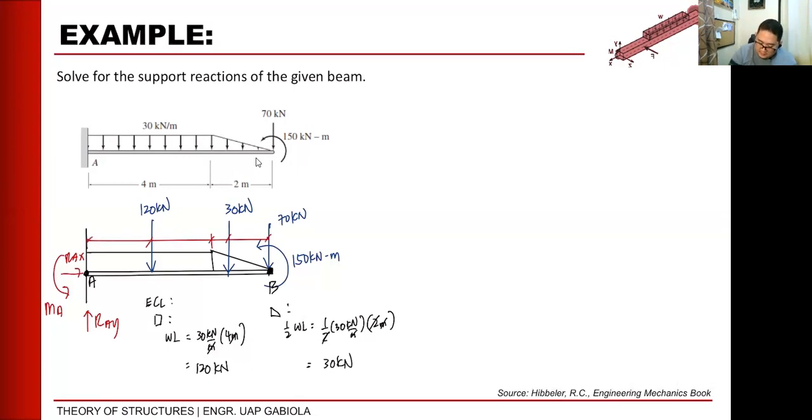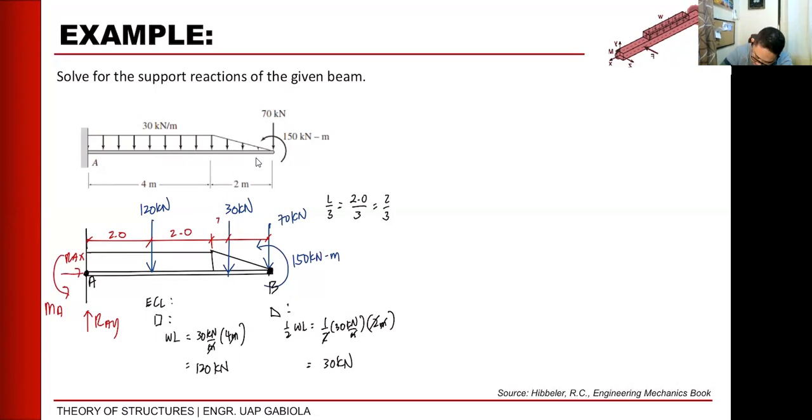Okay, dito, since sa centroid to nung rectangular natin, yung rectangle natin is ito, this will be magkano? So 2.0. Okay? And itong portion na to is L over 3. Okay? So, ano bang value ng L over 3 natin? So, L over 3 is equals to 2.0 over 3 or 2/3 tayo dito.